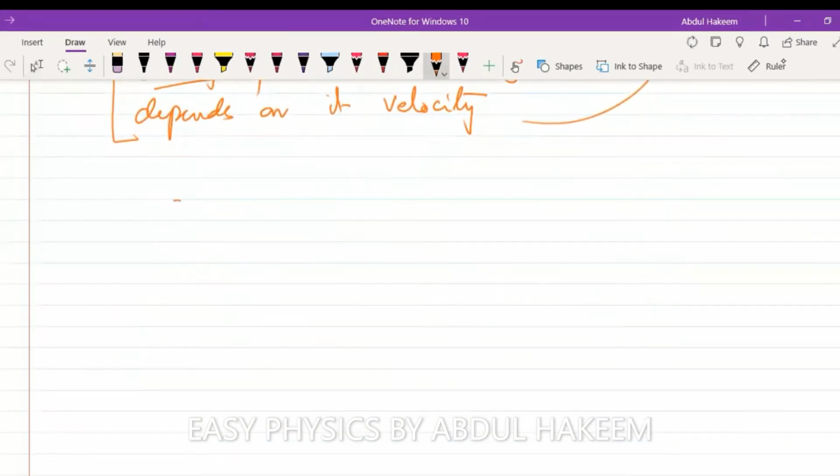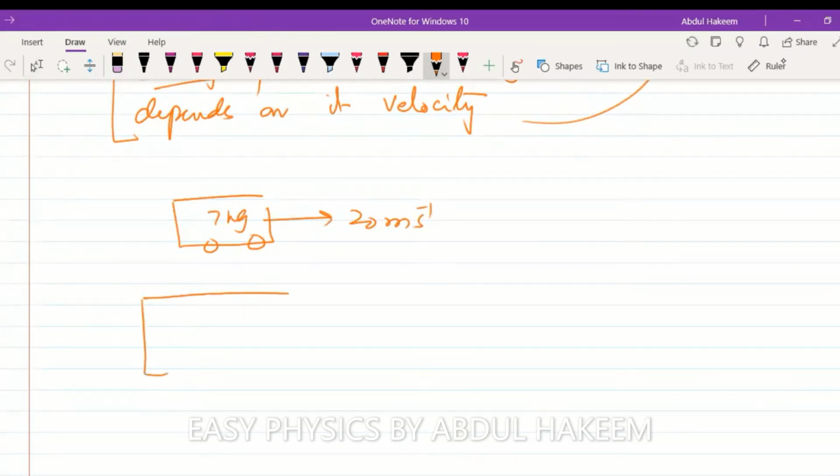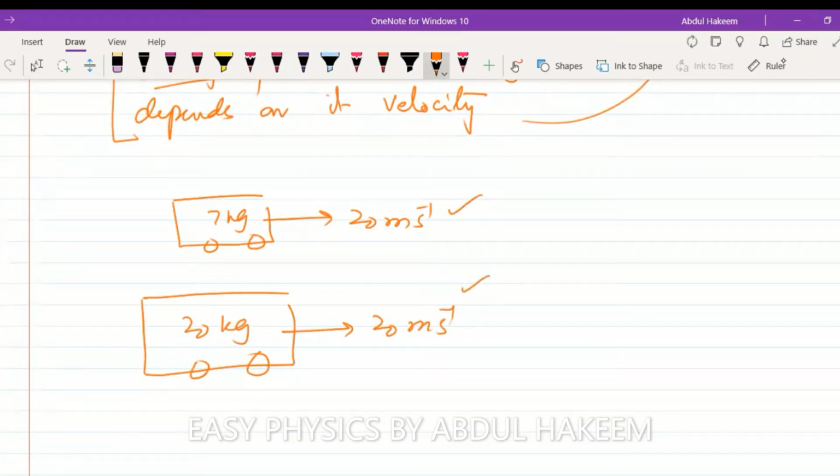And similarly, if this is the object of mass 7 kg, it's moving with velocity 20 meter per second, and this is the object of mass 20 kg, moving with velocity 20 meter per second. Velocities are same, but the masses are different, and both are going to hit a glass barrier.